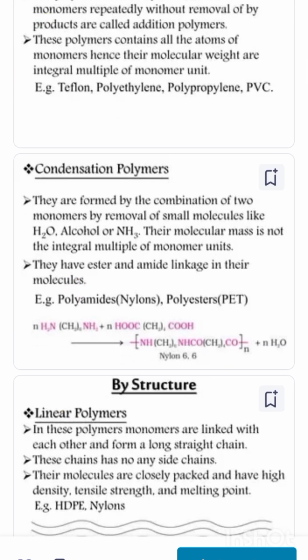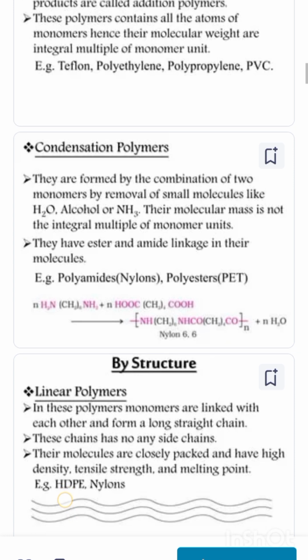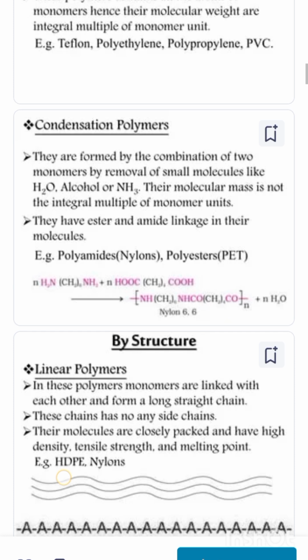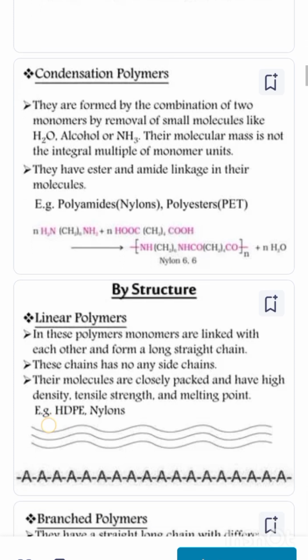Condensation polymers. They are formed by the combination of two monomers with removal of small molecules like H2O, alcohol or NH3. Their molecular mass is not an integral multiple of monomer units. They have ester and amide linkages in their molecules. Example, polyamides, nylons, polyesters, PET.